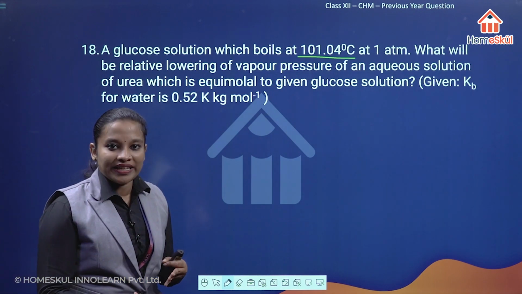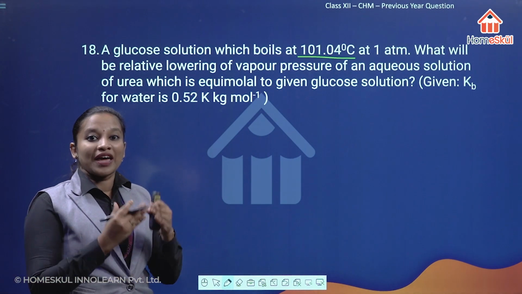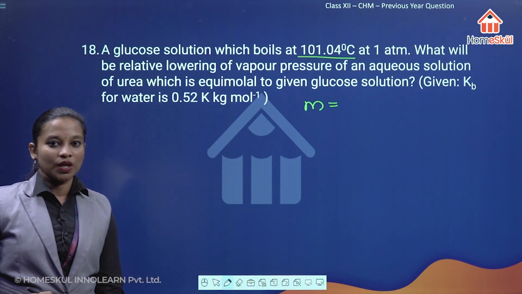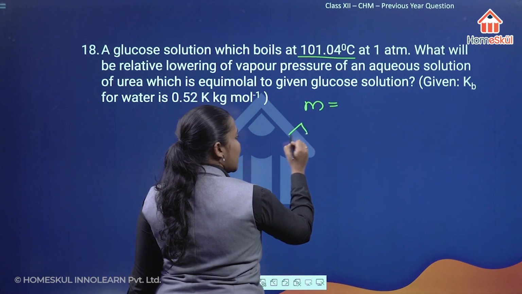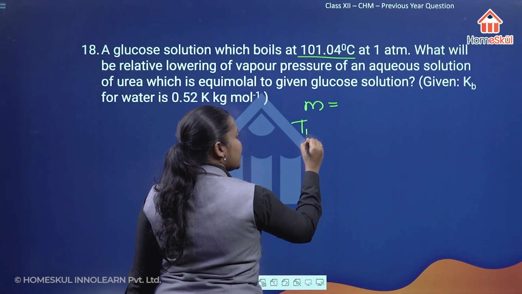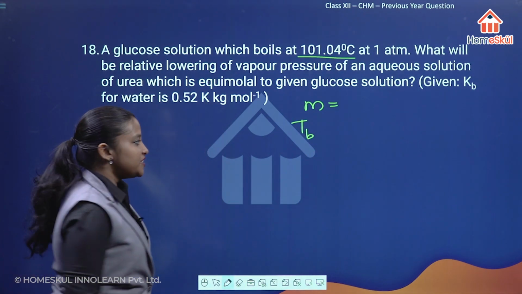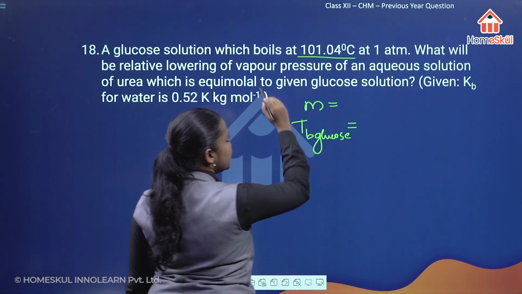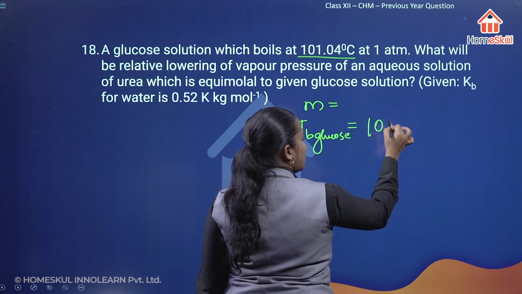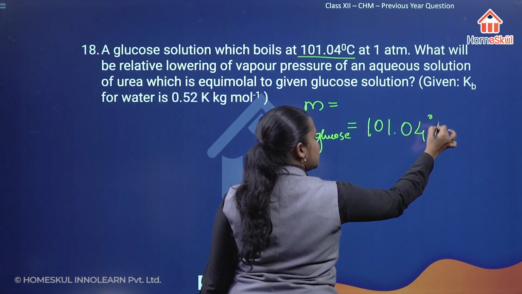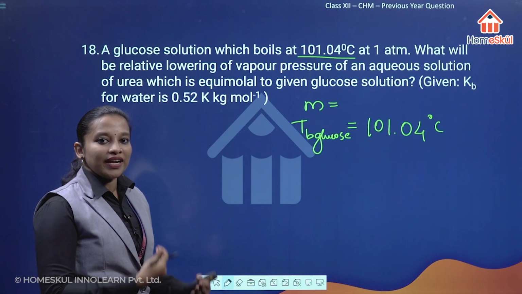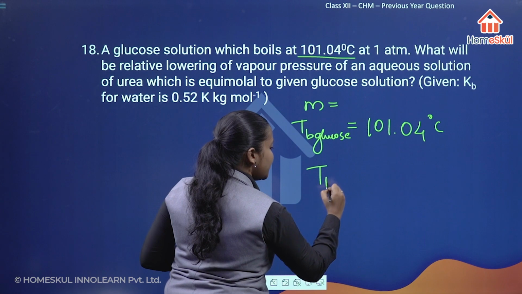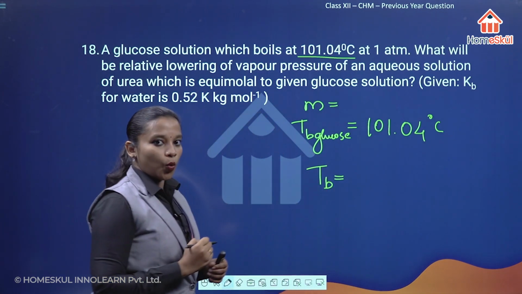So, in order to find that relative lowering of vapor pressure, we have to find the molarity M of the glucose solution. Here delta Tb is given. The boiling point of the glucose solution is 101.04 degrees Celsius. Since it is a glucose solution, we know the boiling point of water, right?